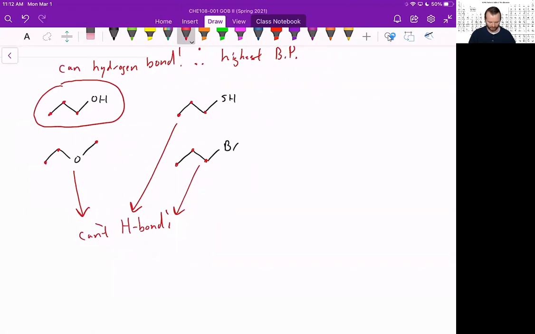But they all do show dipole interactions.